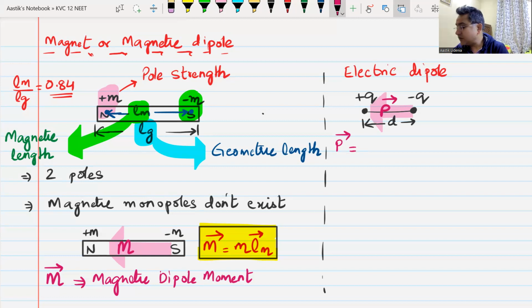What is this P vector known as? Electric dipole moment. That is correct, Abhiram.